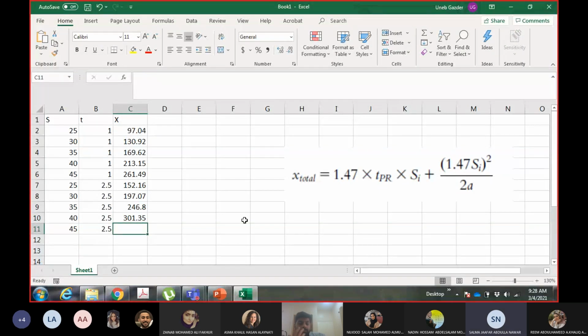Others can check these values. I'm just taking them because Salma is the only one speaking. 360.72.